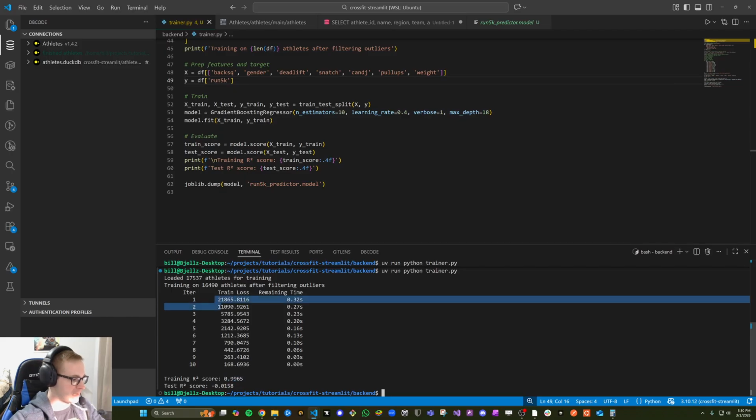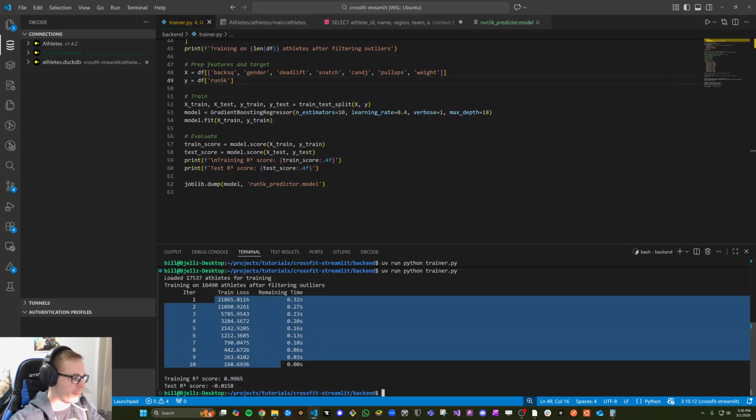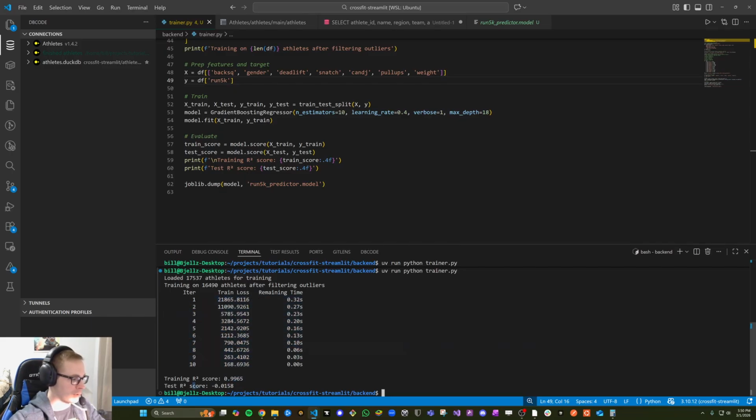The loss is extremely low. The R2 score for the test is close to 0 either way, which is very bad. It's explaining nothing about the test data, which means it's basically turning into just guessing the 5K for everyone by taking an average of all the data.